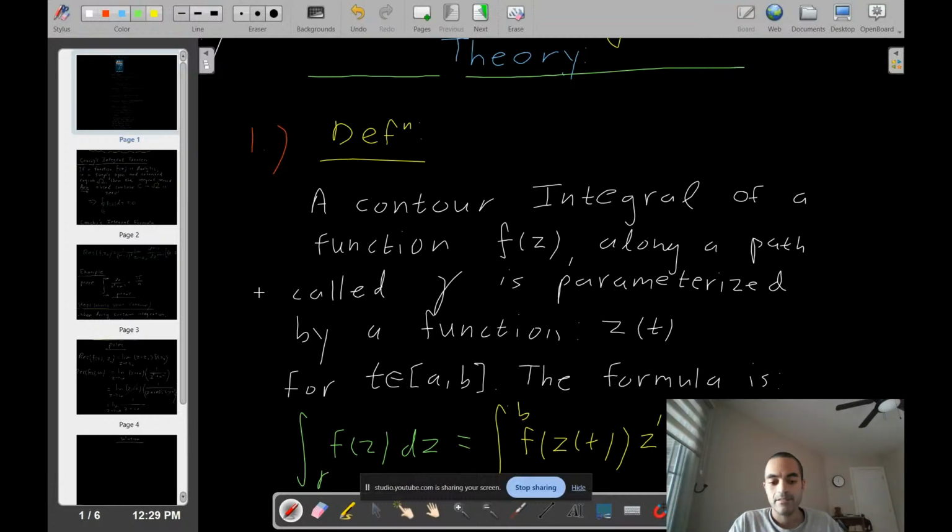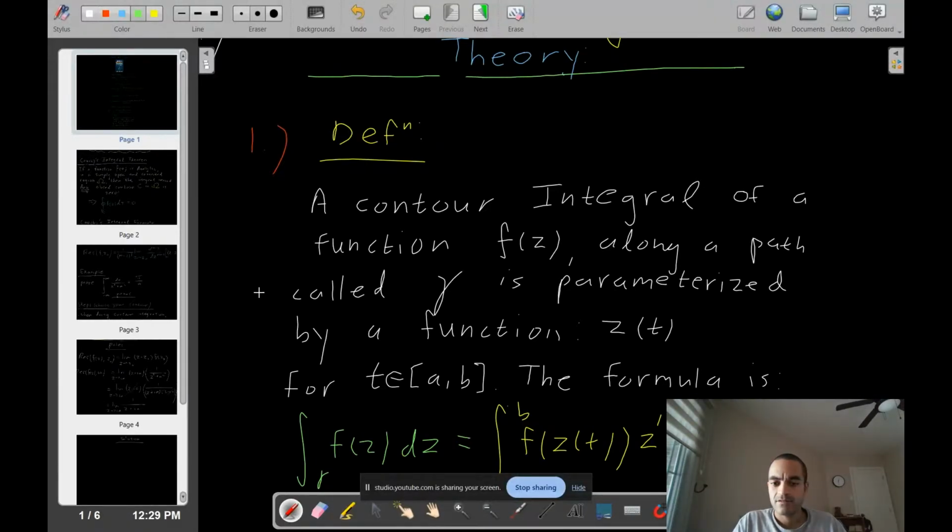I can call it whatever I want, I'm calling it little gamma. So the integral of f of z with respect to z is equal to a regular integral, an integral from a to b of f of z of t times z prime of t dt.